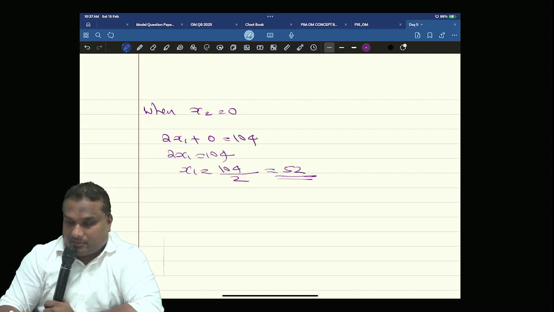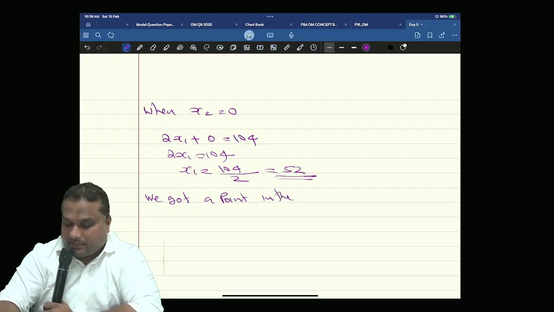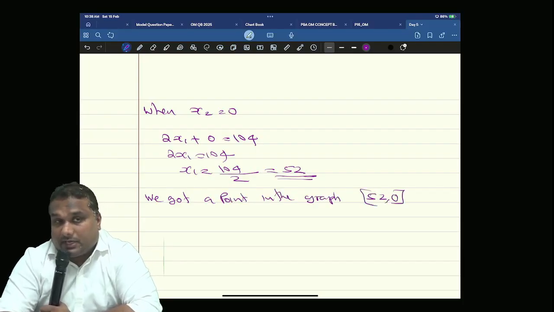Now on the bottom you write, we got a point in the graph: 52, 0. Why is it 52, 0 and why is it not 0, 52?